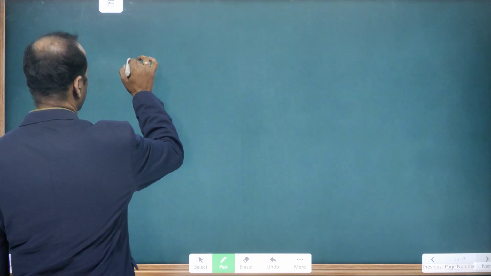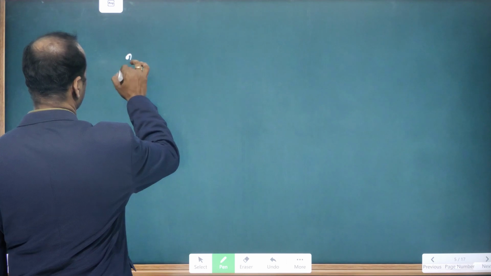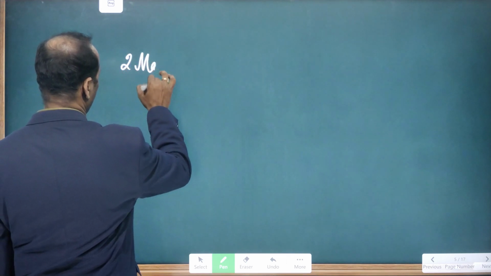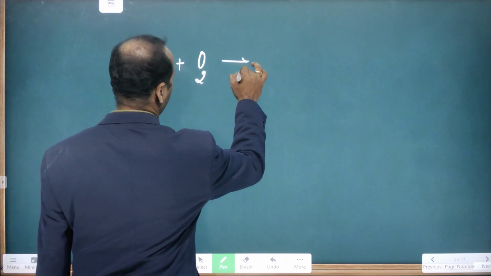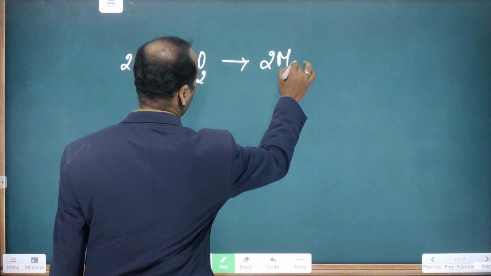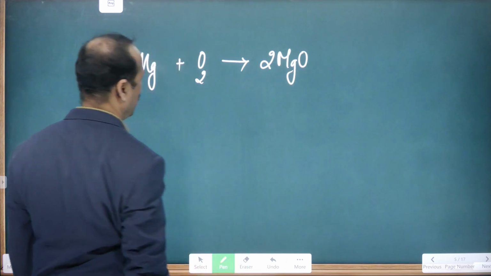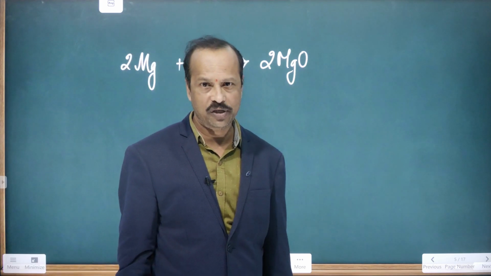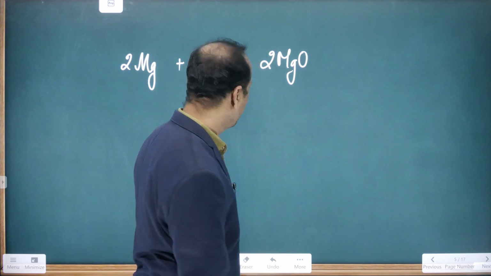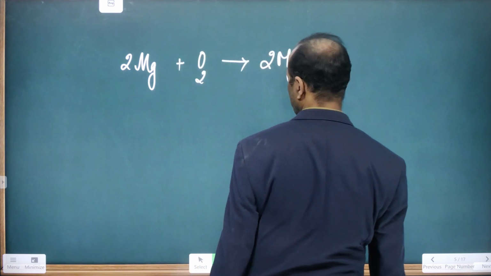For example, students, magnesium oxide: 2 Mg plus O2 gives 2 MgO. This is one chemical reaction.